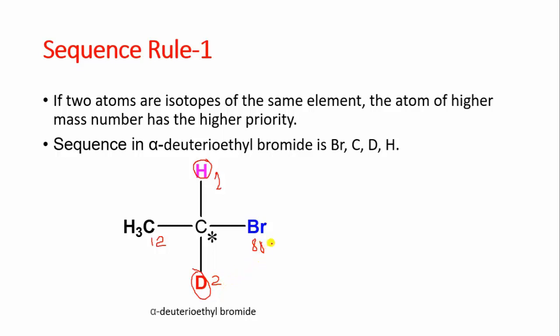So 80 is the highest, so priority goes to bromine first, then carbon second, then deuterium third and hydrogen fourth. So the sequence will be: highest bromine, then carbon, then deuterium, then hydrogen.